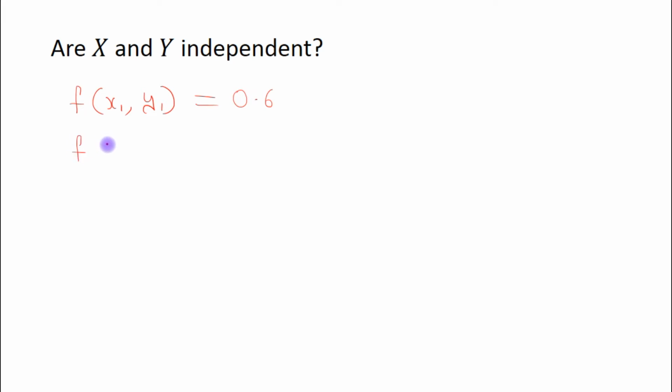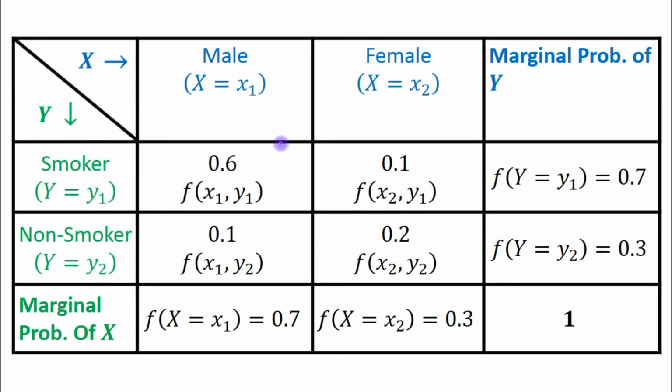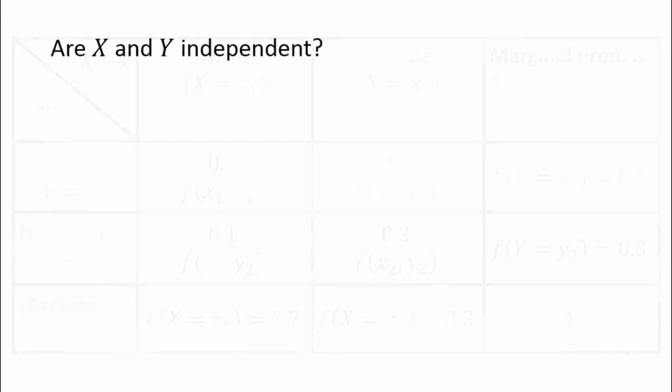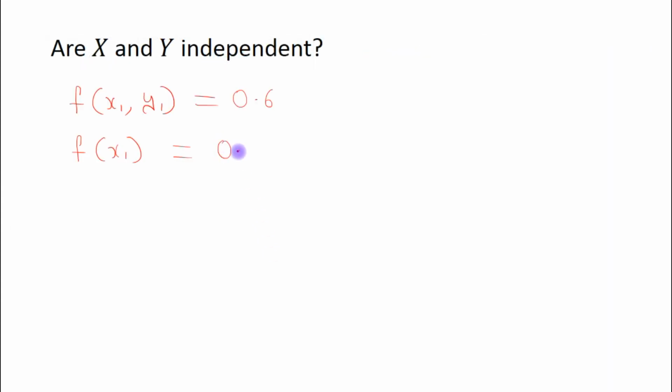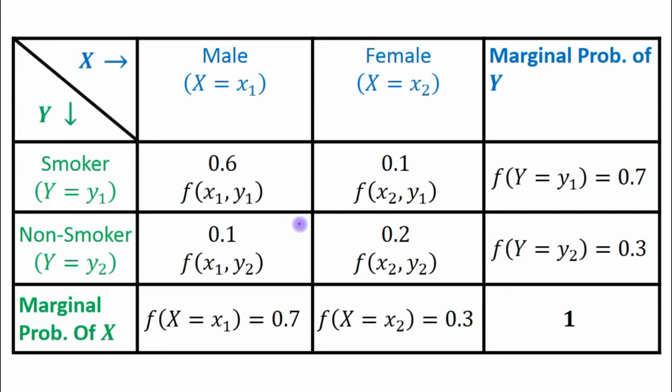Marginal probability of x1 is given as 0.7. And the marginal probability of y1 is given as 0.7.